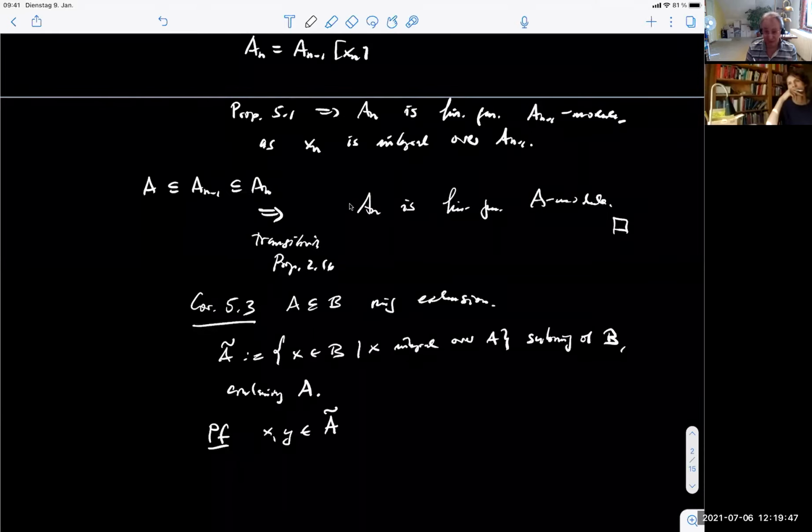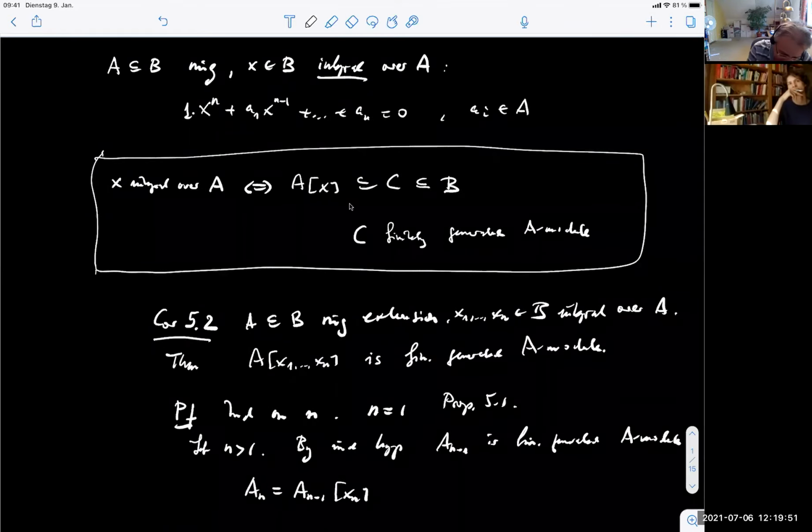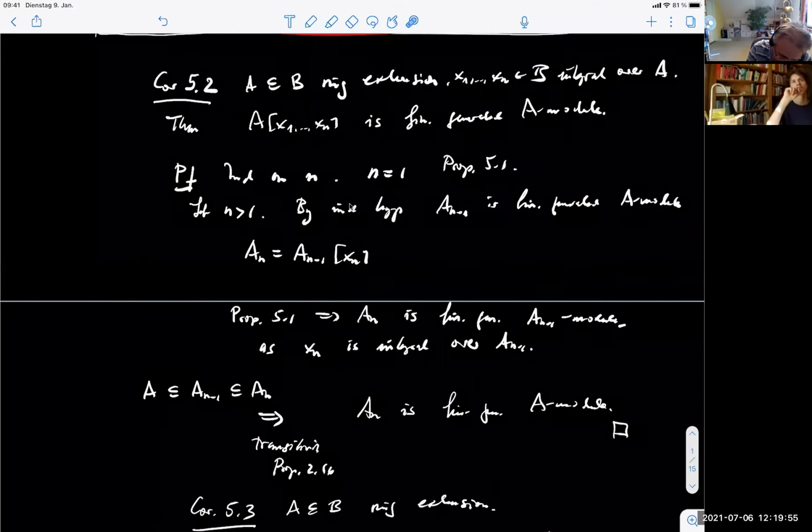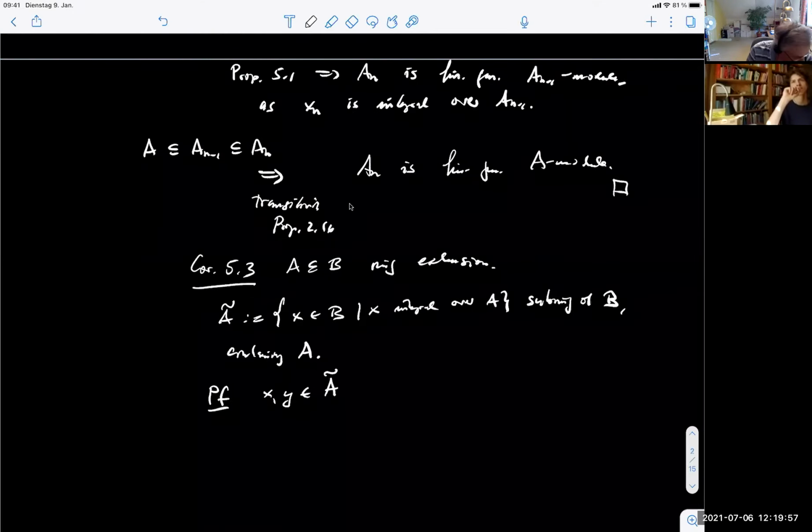So there is some idea here, and the idea is to go via this characterization, which I have in this box here. That's the idea. So what I do is I look at the subring generated by x and y over A. And by the proposition, this is a finitely generated A module.